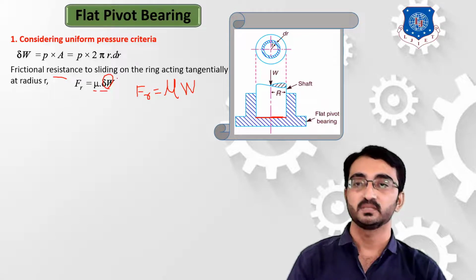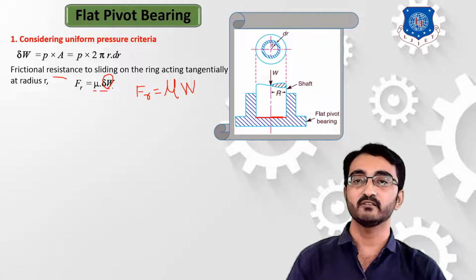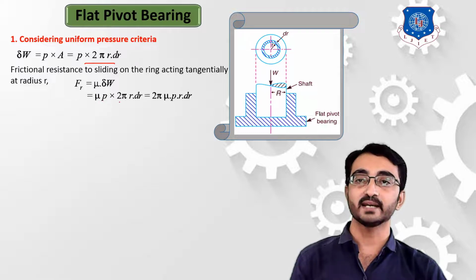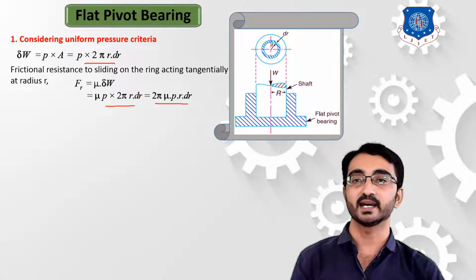Now we can put the value of dW from this equation, so the next term will be mu into P 2 pi r dr. From this equation we can simplify to 2 pi mu P r dr. Now this is the equation for frictional resistance.